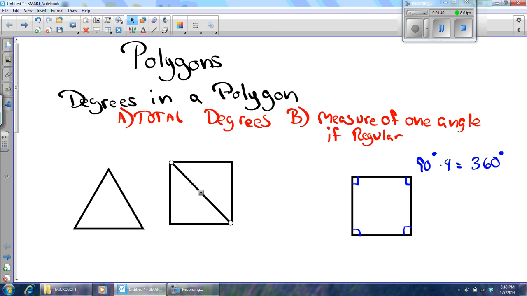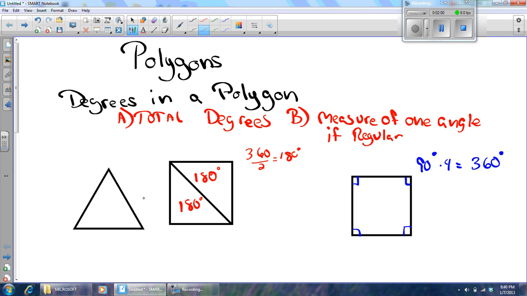And if the square has 360 degrees, well then wouldn't the triangle have half that? 360 divided by 2, which is 180 degrees. Wouldn't there have to be 180 degrees here and 180 degrees in this half?